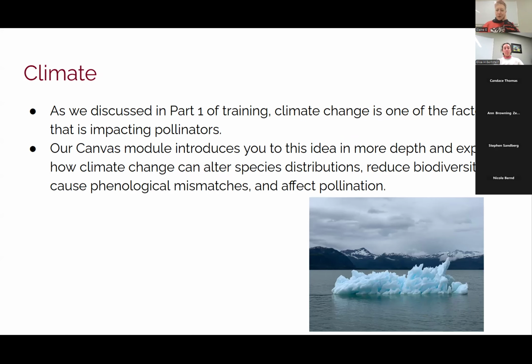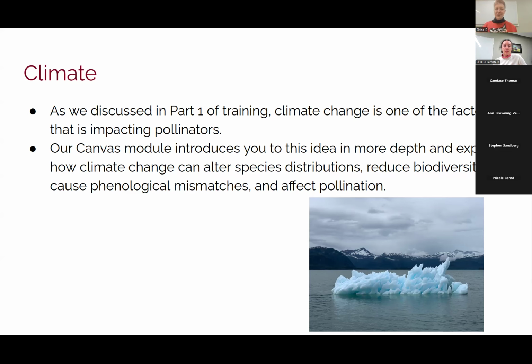We also have a section about climate. In the module that we've put together, we'll go into more depth about how climate change can alter species distributions, reduce biodiversity, and get into phenological mismatches, affecting pollination. So this, again, is another area where there's a lot of new research.